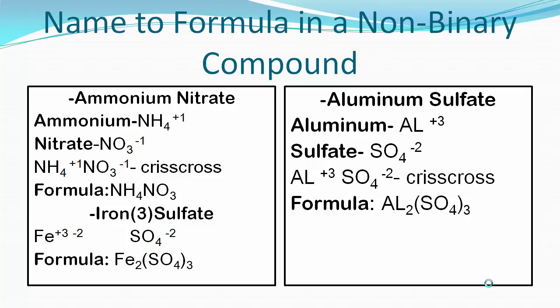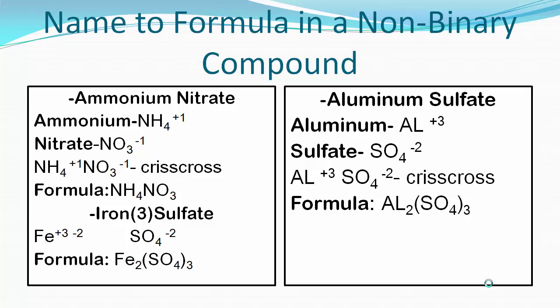So we crisscross them: the 3 goes to SO4 and the 2 goes to the Fe. So Fe2. Now, SO4 is a polyatomic ion, so it already has a number past one of its letters to show that it's not like 43, which is completely different. You put parentheses around it, and you put the 3 past that to show the difference. So the formula is Fe2(SO4)3.